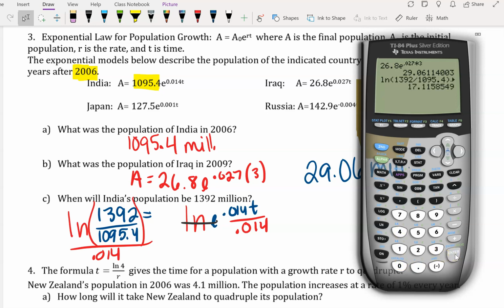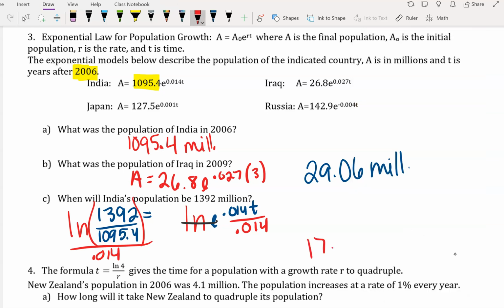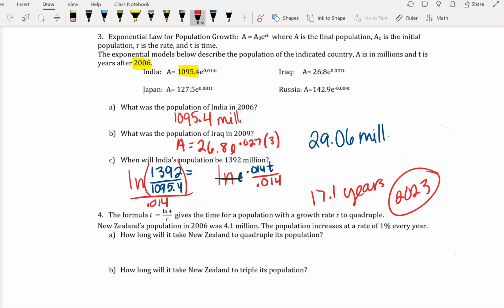All right, 17.1-ish years. So if we want to actually put a year, 2006 plus 17 years is going to be about the year 2023, which is coming up pretty soon.